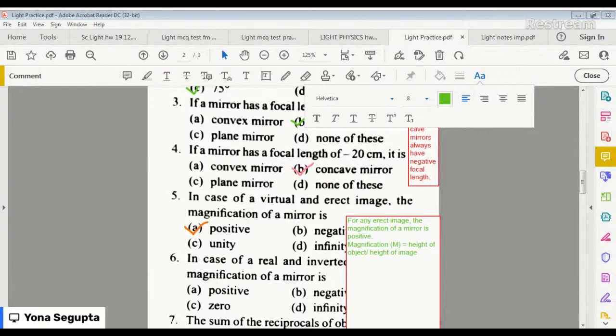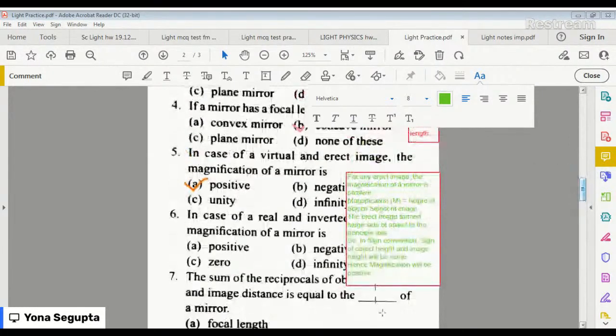So we can say that the magnification will be positive, right? So this will be the answer all over. This is number 5, right?